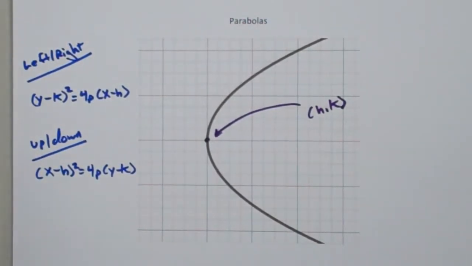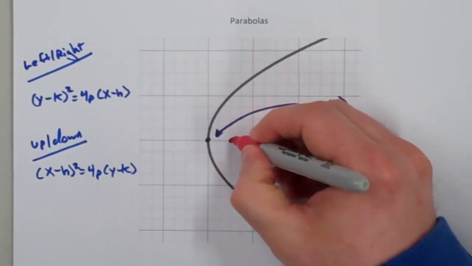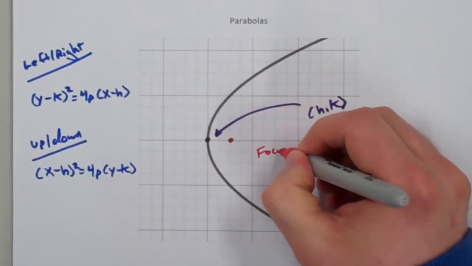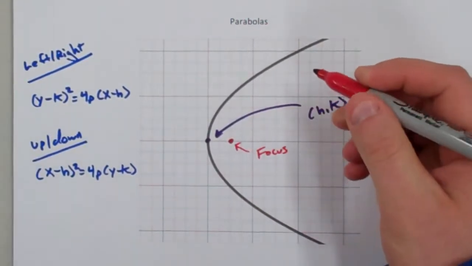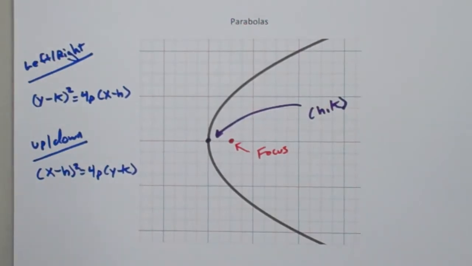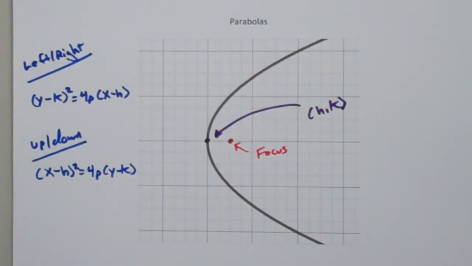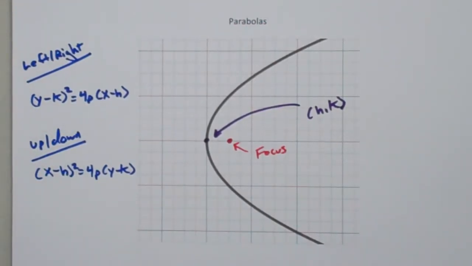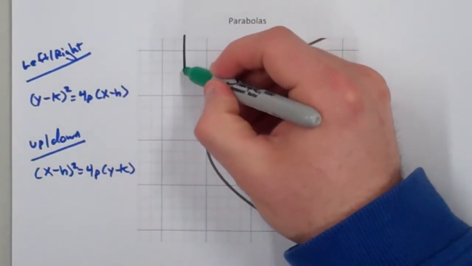There's a couple other things though. It will have a focus, so we can write that down. In this case, this parabola has a focus right here. And there's also another part that's like the focus. It's not really part of the parabola, but it is a very important line, and that is called the directrix.